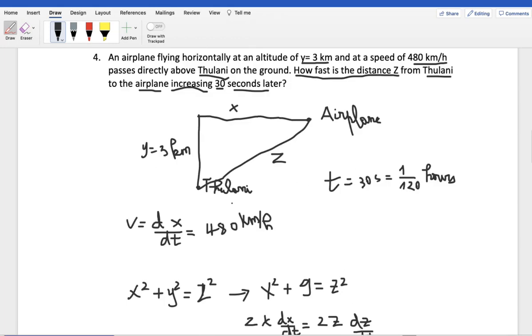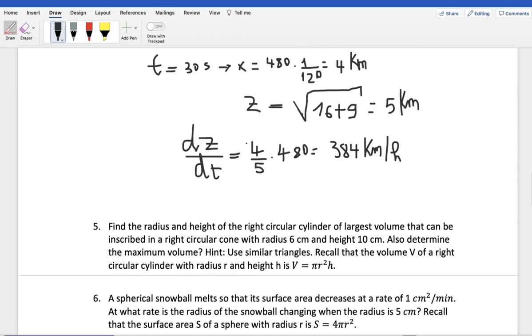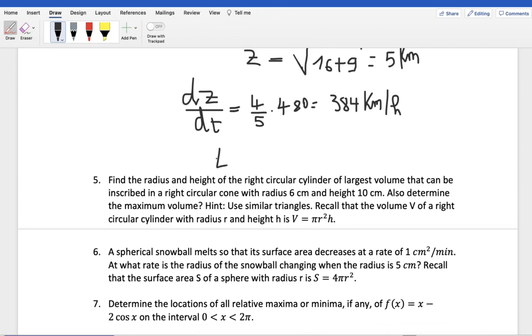And we are asked to find z 30 seconds later, right? So all we have to do now is, when t is equal to 30 seconds, we have that z is equal to 384 multiplied by 1 over 120.